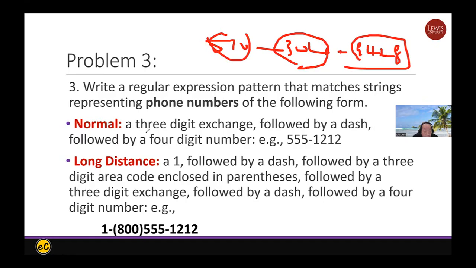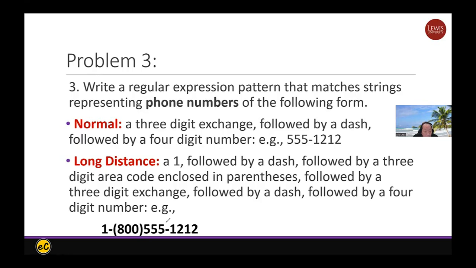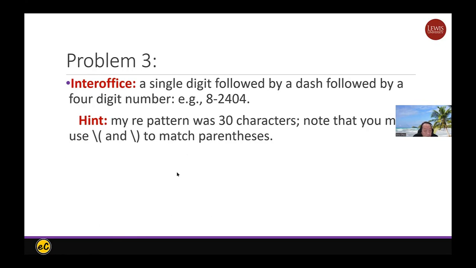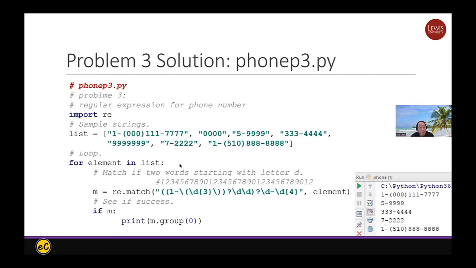Normally you have 3 digits followed by a dash followed by 4 digits. Okay, this is your phone number. And for a long distance call, you may have 1-800. So you want to write a regular expression for it. This one is a phone number's regular expression.